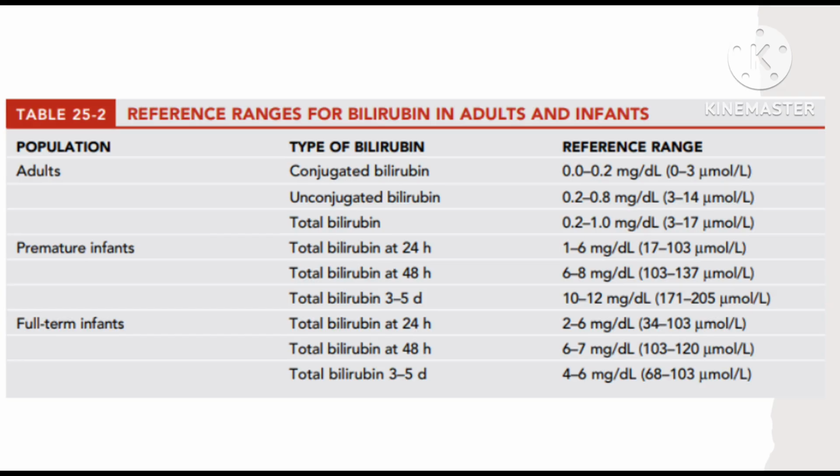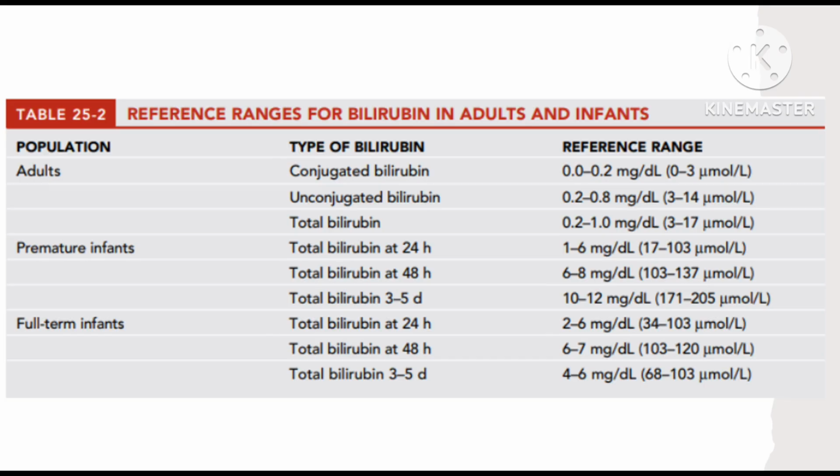Again, as you have seen here, in adults, the conjugated bilirubin is around 0 to 0.2 milligrams per deciliter, while the unconjugated bilirubin must be around 0.2 to 0.8 milligrams per deciliter, and the expected total bilirubin among adults would be 0.2 to 1 milligram per deciliter. Why do you think premature infants and even full-term infants have a higher reference range for bilirubin?